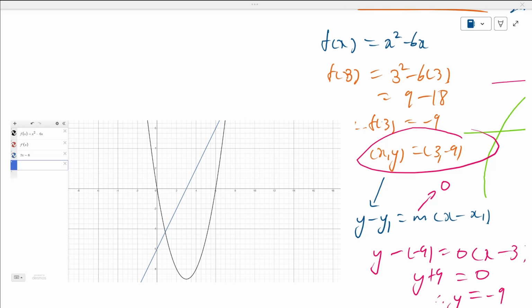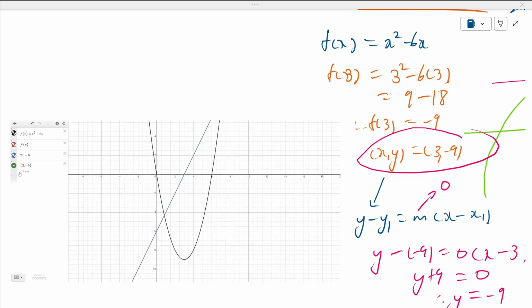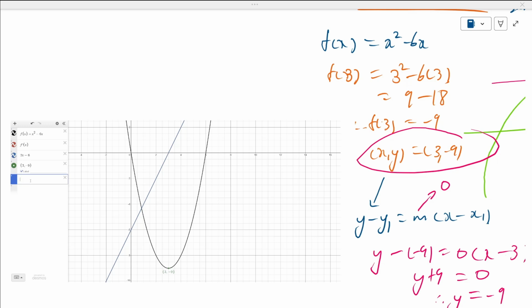So let's see if our equation of the tangent line that we've got at point (3, negative 9), y equals negative 9, is actually correct. Let's put in our point first, (3, negative 9). Awesome. If you can see it right down here, I'll label it as well. Now let's put in our equation of the tangent line, which is y equals negative 9.